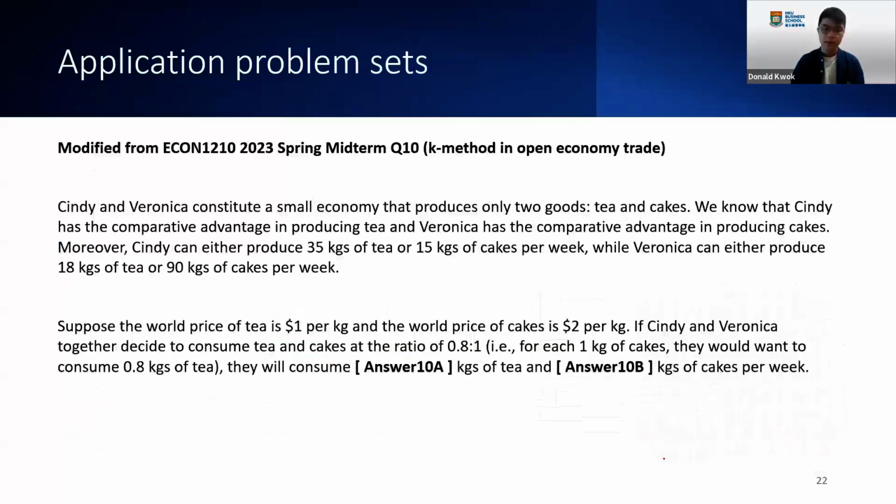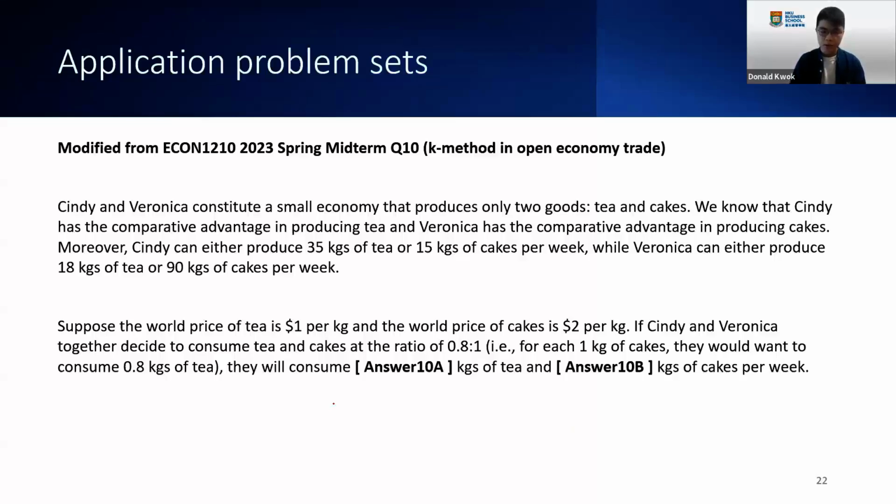All right, and finally, this problem, we have the production of Cindy and Veronica per week. And also the world price of tea is $1, while the world price of cake is $2. If they would like to jointly consume tea and cakes at a ratio of 0.8 to 1, what will be the total consumption of tea and cakes here?